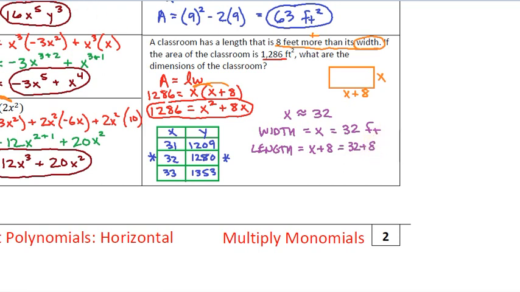Let me move this over. Kind of didn't get this lined up right. I'm going to slide this over so I stay inside our box. 32 plus 8, which is approximately 40 feet. So there are our dimensions. The width is approximately 32 feet. The length is approximately 40 feet.